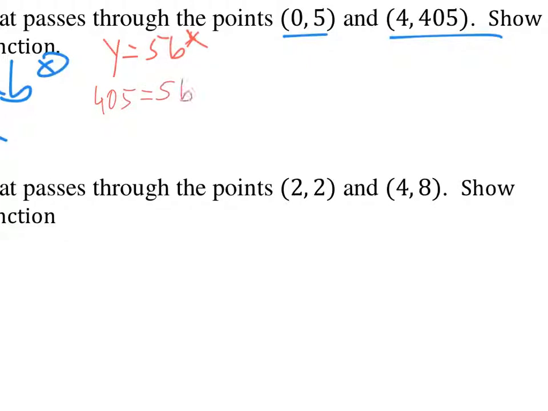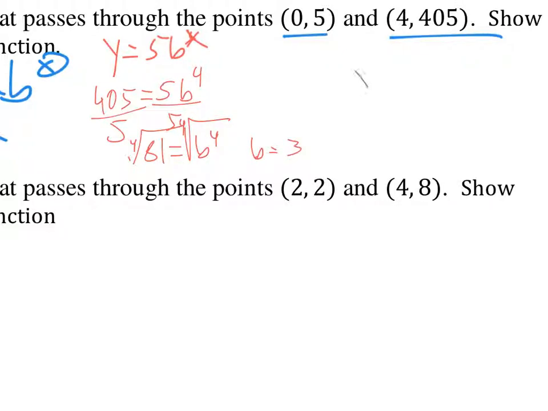So 405 equals 5b to the 4th. Let's divide everything by 5, and we've got 81 equals b to the 4th. Take the 4th root there, and we have that b is 3. The 4th root of 81 is 3.